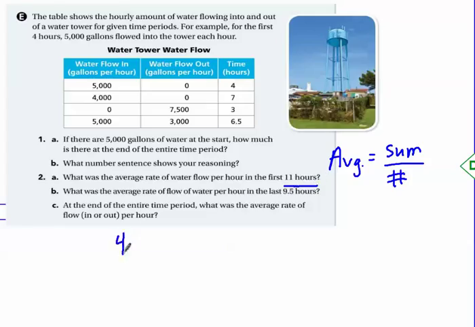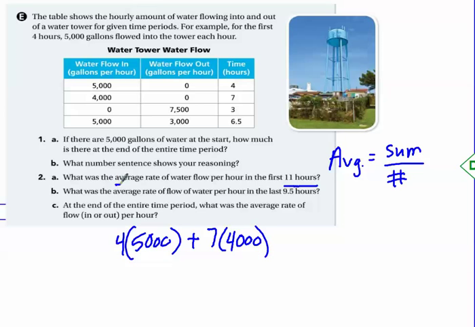So to do that, I take the 4 hours that it started with. There were 5,000 gallons going per hour. I'm going to add it to the next 7 hours and the 4,000 gallons. This will give me the total amount that flowed in the first 11 hours.